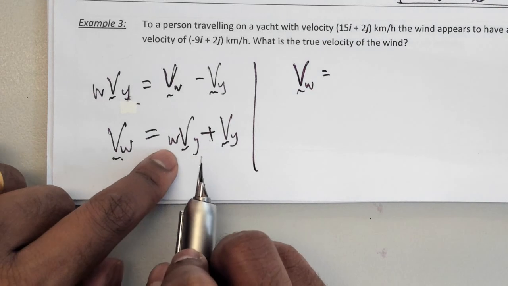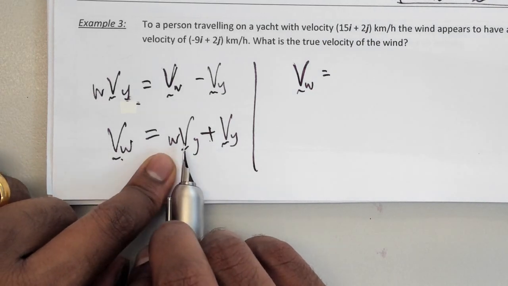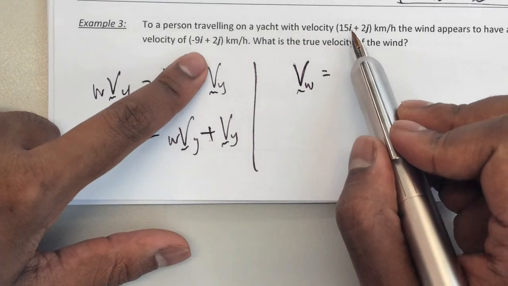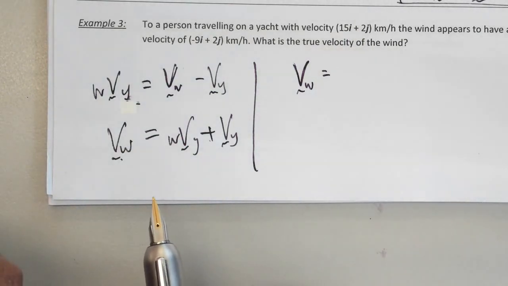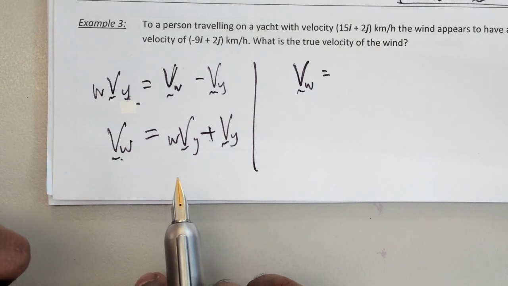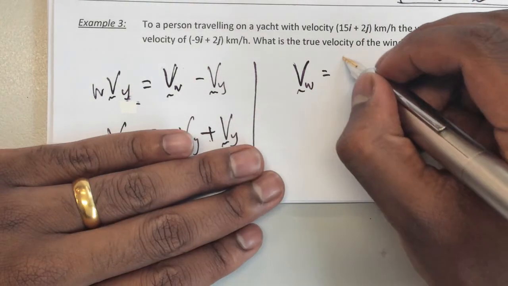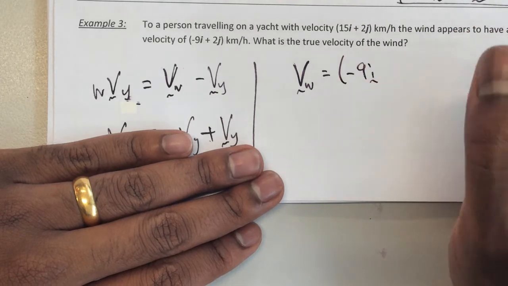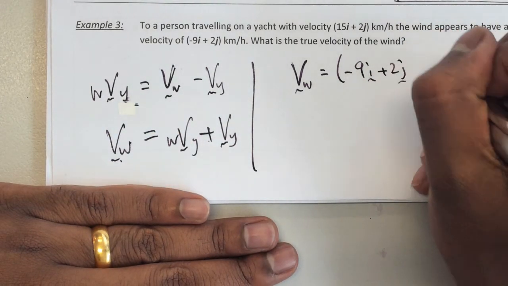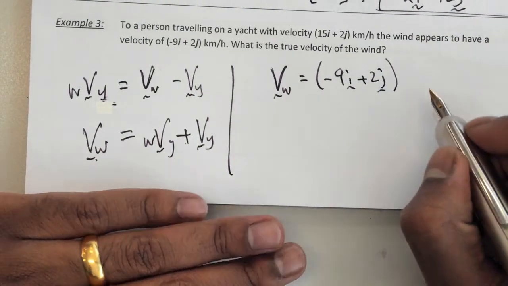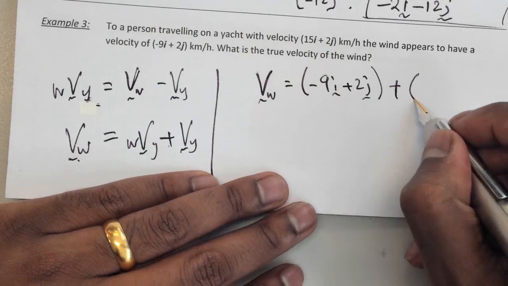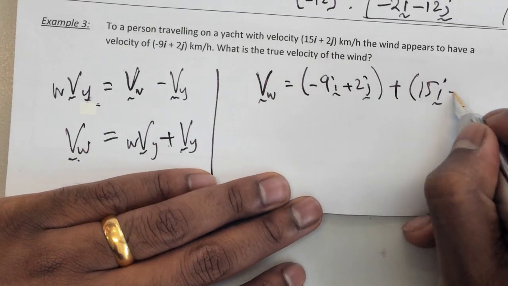Jenny, what is the velocity of the wind relative to us? Which one is it? Is it that one or that one? The negative i plus 2j. That's correct. Boys, you should be paying attention. And then the velocity of the yacht, which is already there, is 15i plus 2j.